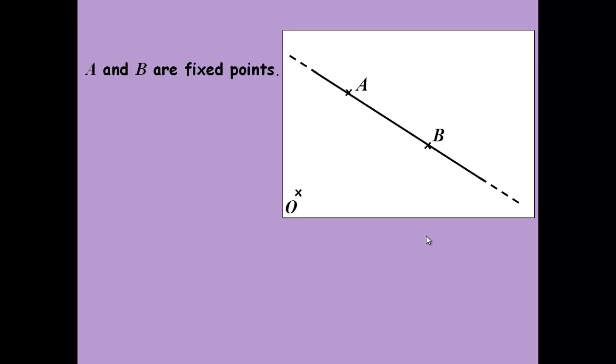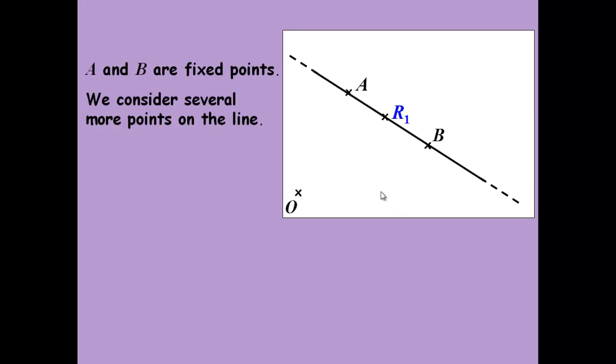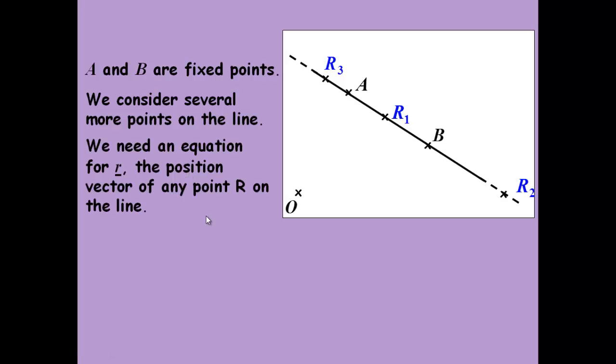So for example, if A and B are fixed points, and we consider other points on this same line, here we've got R1, R2 and R3 as 3 other points on the line, we need an equation that gives us any of these position vectors.